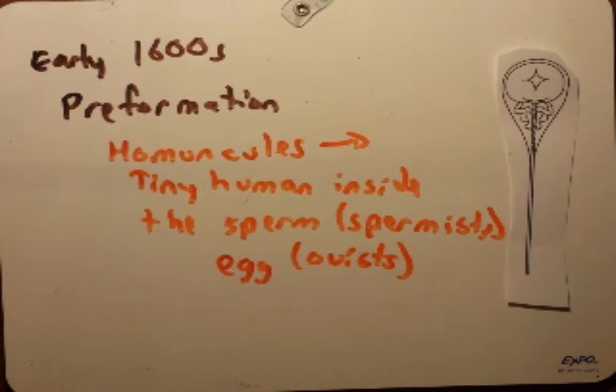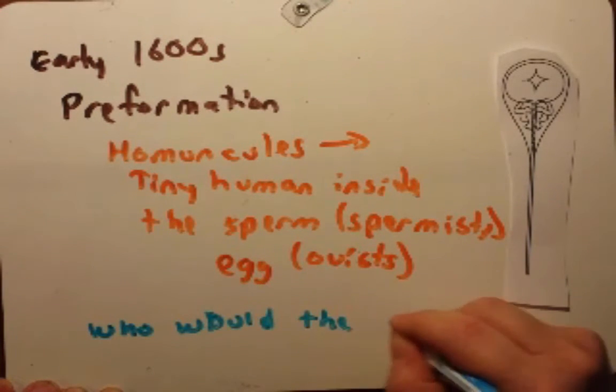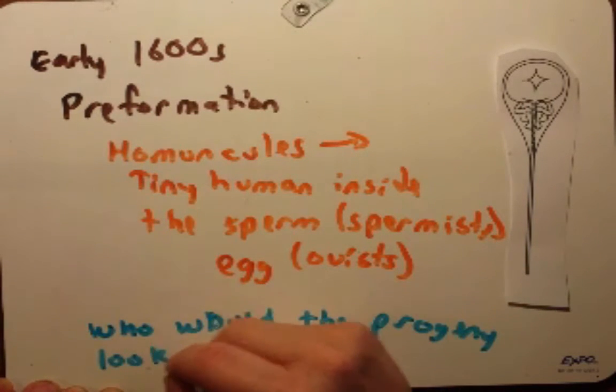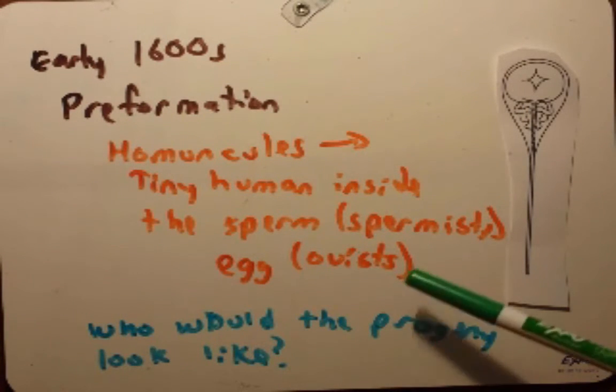One of the major flaws to this idea was that if this were true, if the tiny human was in the sperm or in the egg, who would the progeny look like? And so in this case, if this tiny human was made in the male, inside the sperm, the prediction would be that all the progeny are going to look like the males, and none of the females will have any of those characteristics, and vice versa for the ovists.